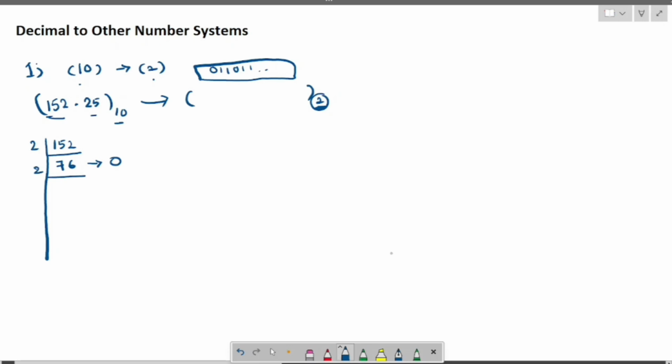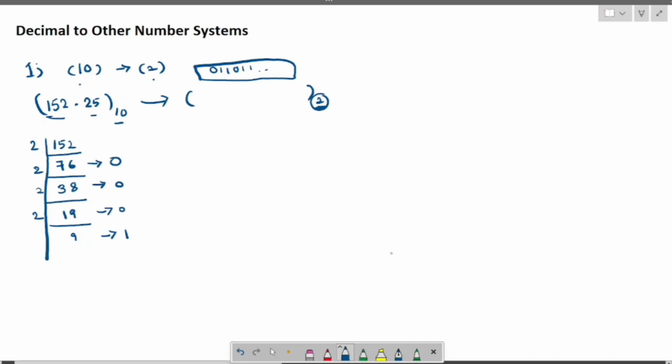Again divide by 2, like 38. Now the remainder is still 0. Now when we divide by 2, it is like 19. Again the remainder is 0. Again divide by 2, 2 9s are 18, right? So now the remainder is 1.